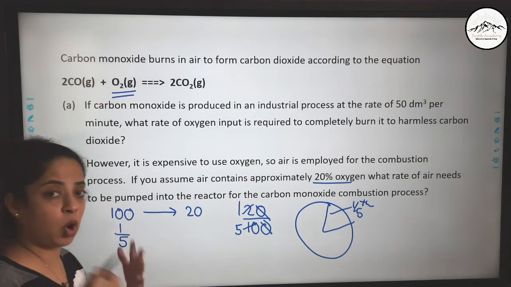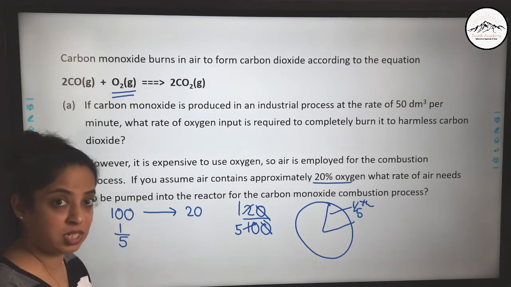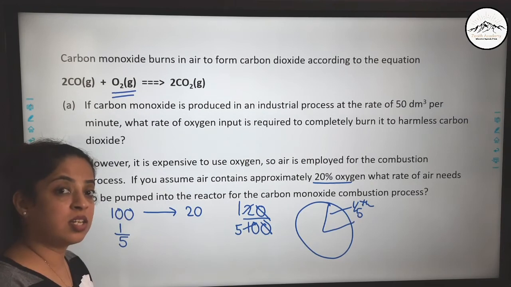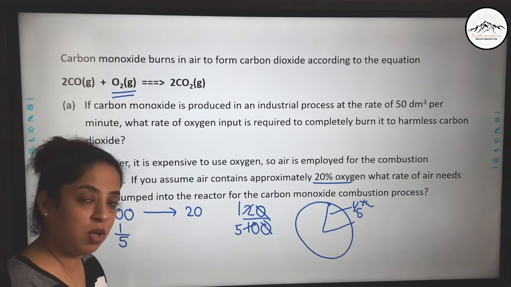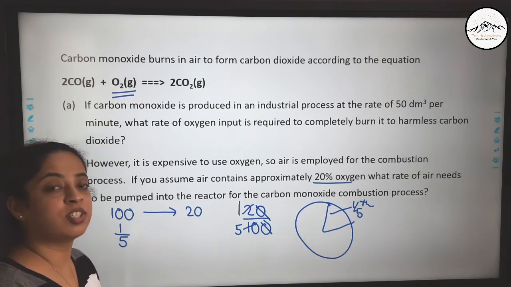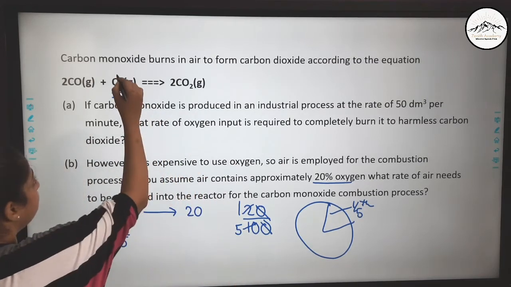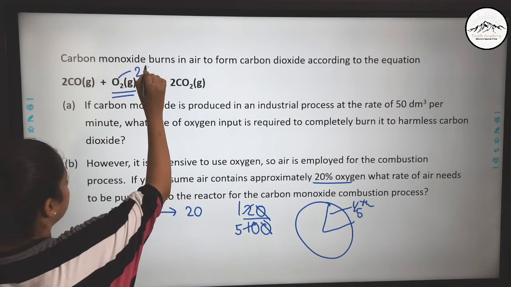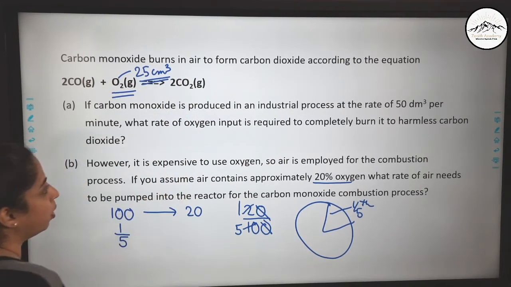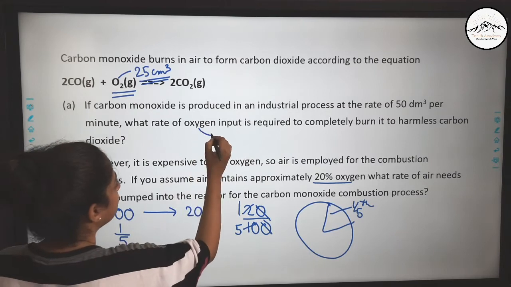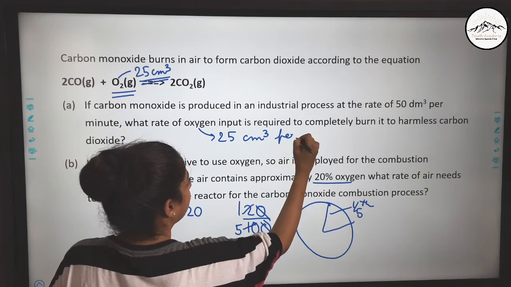Earlier we had taken pure oxygen, but now we have taken air as oxygen is expensive, and they have asked how much air will be required. So air required will be 5 times, because in that air the oxygen is only 1/5. The answer that we had got for oxygen was 25, so they had to pump 25 per minute. So this was the answer here, 25 per minute.